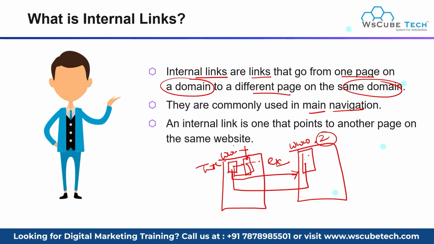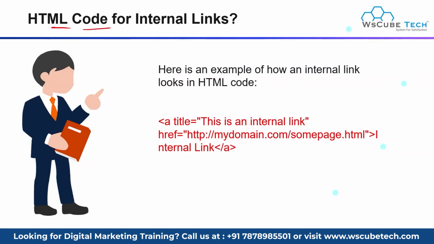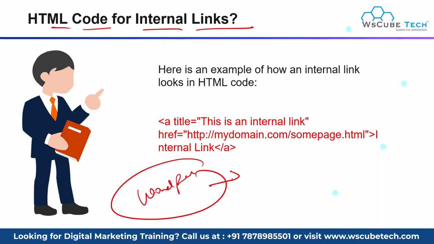An internal link is one that points to another page of the same website. Now the HTML code for internal linking. If you are using WordPress for your website, in that case you don't need to write the HTML code. But if you are working in another language, in your HTML code we have one tag here which is known as A. This is your anchor.